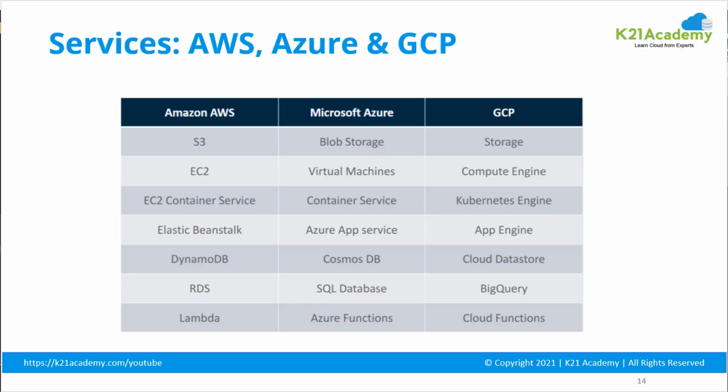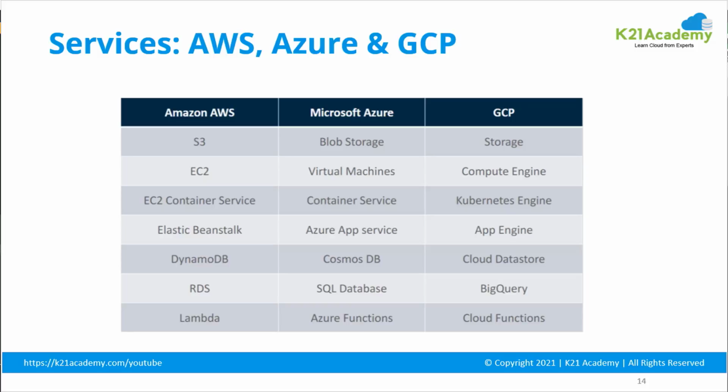If we look at databases, there are different types of databases we'll look at when we get to the database module. There is DynamoDB, Cosmos DB in Microsoft Azure, and in GCP, it's Cloud Datastore. Similarly, the relational database, or RDBMS, on AWS is RDS, Relational Database Service.